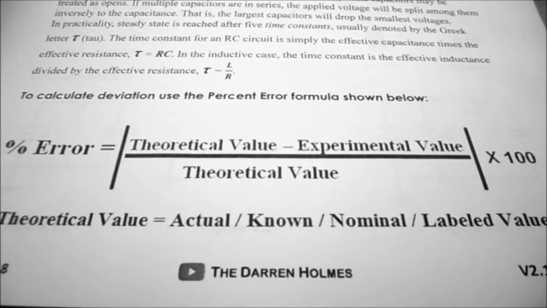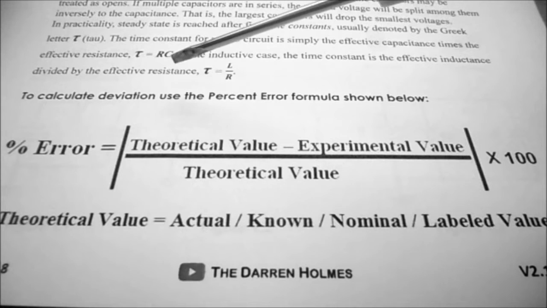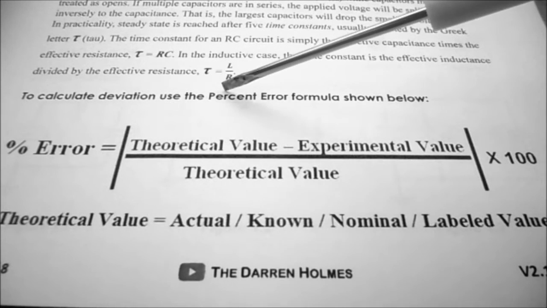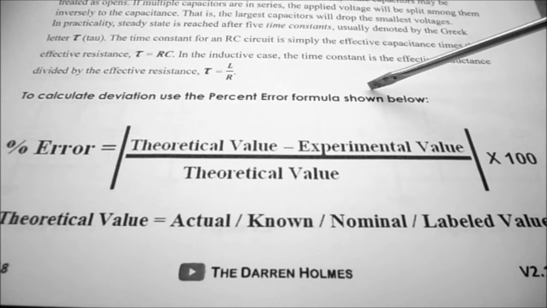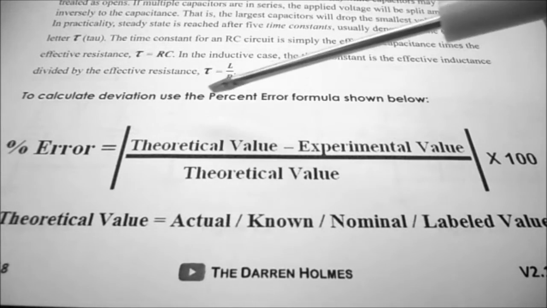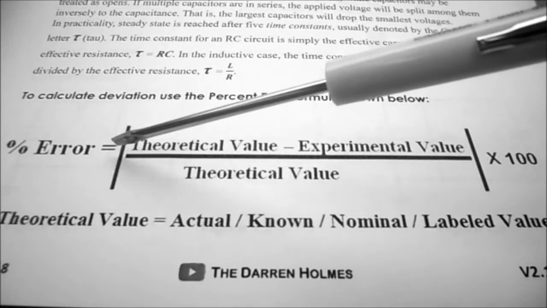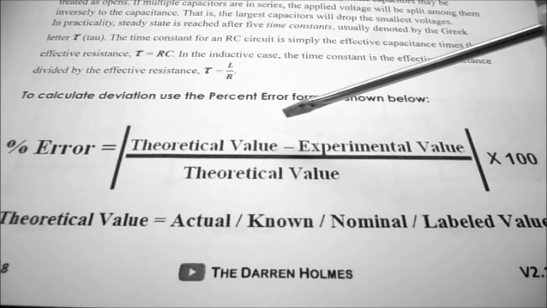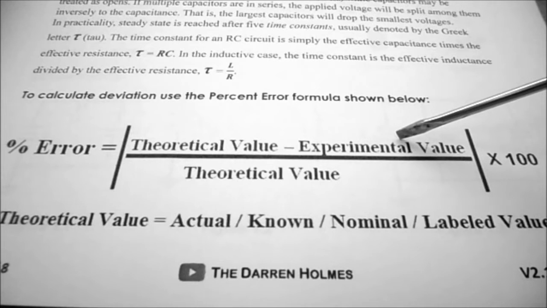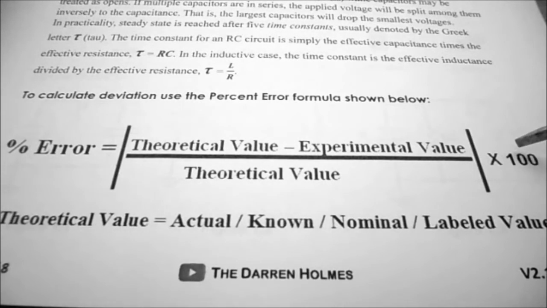I just want to remind everybody that to calculate deviation, we're going to use the percent error formula, shown below in lab number 1, where percent error equals the absolute value of the theoretical value minus the experimental value divided by the theoretical value times 100%.